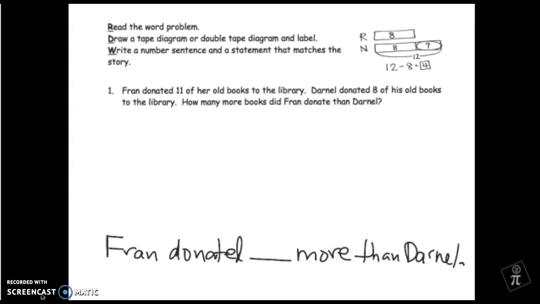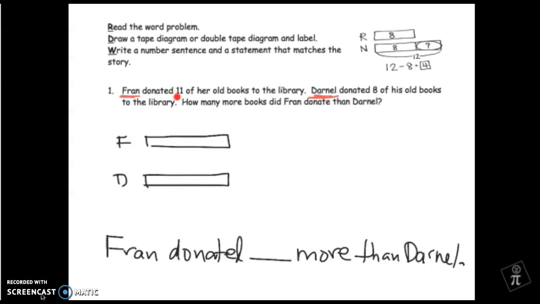And then I'm going to go back and read the question again, and I'm going to notice that we have 2 characters, Fran and Darnell. So I'm going to draw both Fran and Darnell, and I'm going to draw them identical. Fran and Darnell, all right? As close as I could, I made them identical.